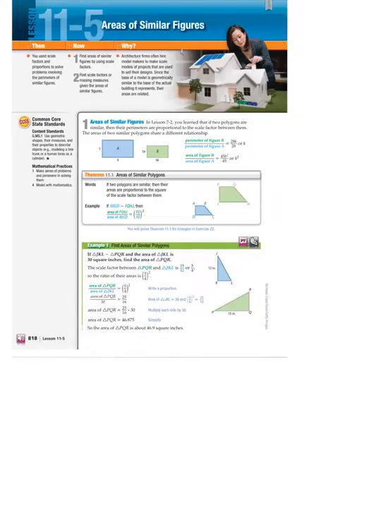So when I want to find the area, you write this down. I'm going to find the area of similar figures, or polygons, if you will. I'm going to find the scale factor of my two shapes.